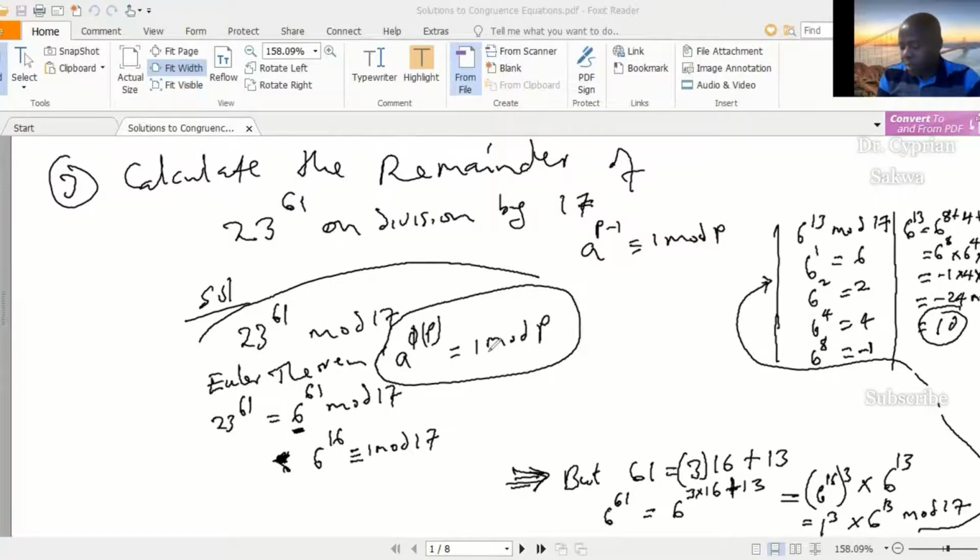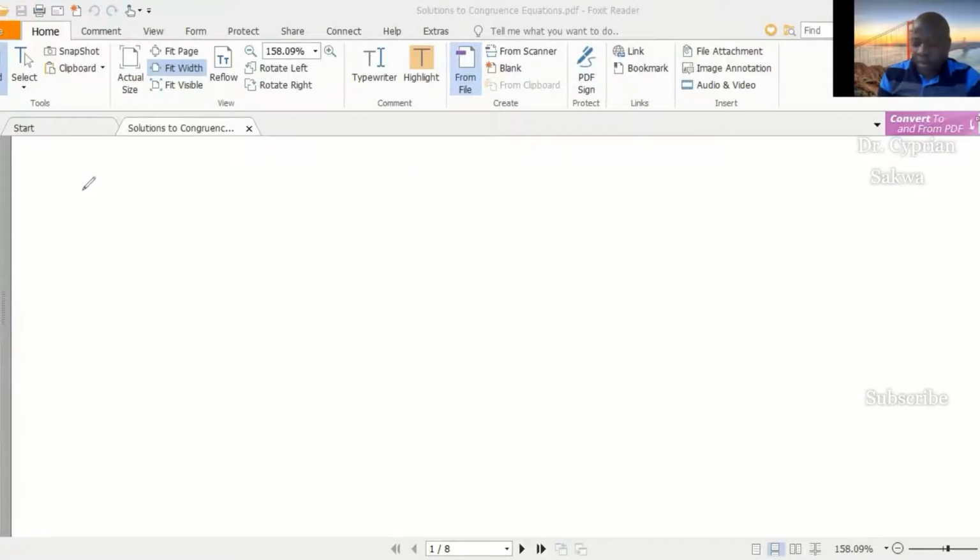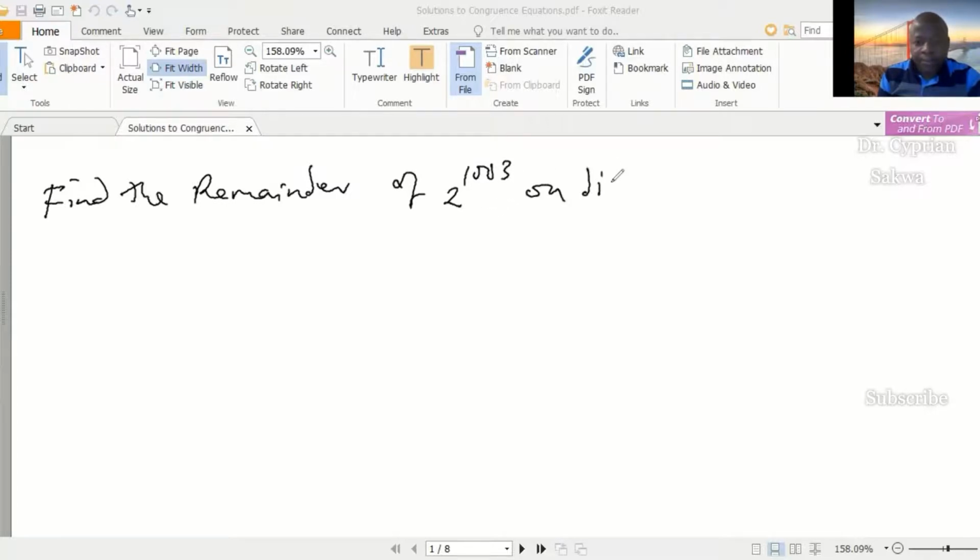Let's look at another example. Find the remainder of 2 raised to 1003 on division by 11.